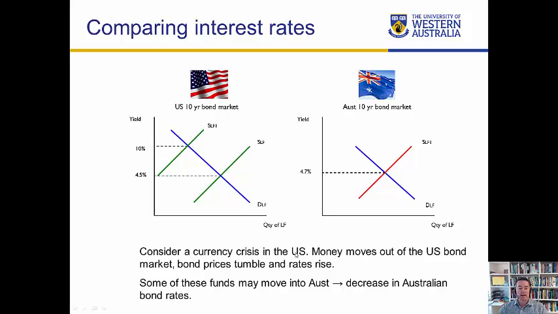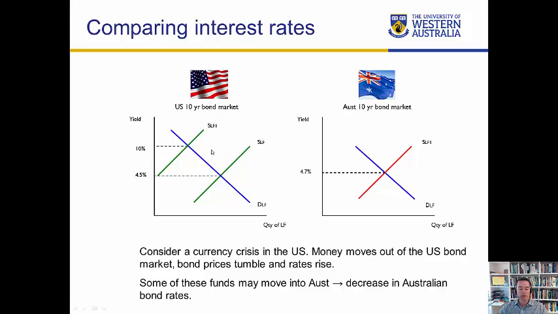That is, investors are concerned about the United States economy. This is just a hypothetical. They're concerned about the United States economy and they start moving their money out of the United States. Well, when they do that, they would be selling their bonds to take their money out of the United States. That would actually push bond prices down, but it'll push yields up.